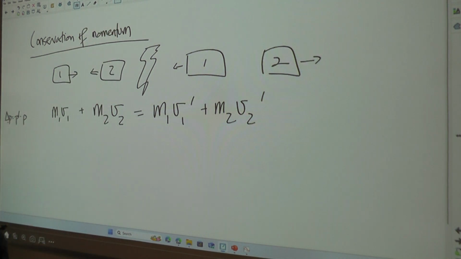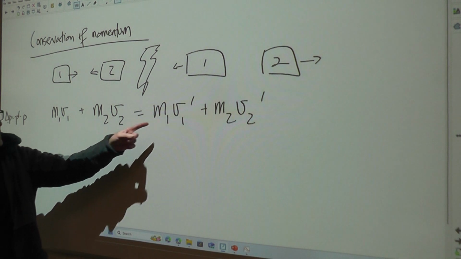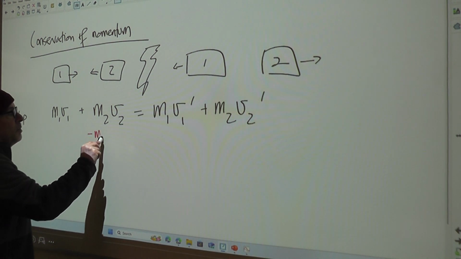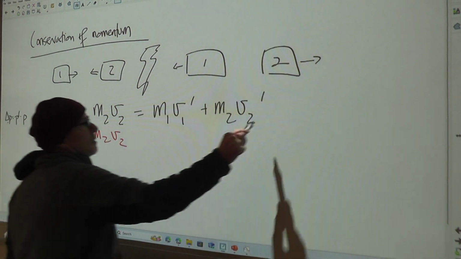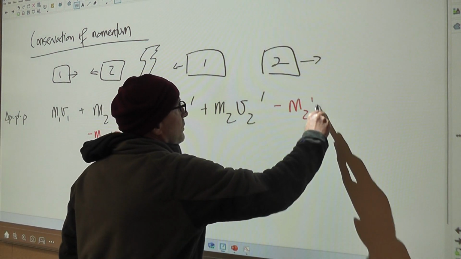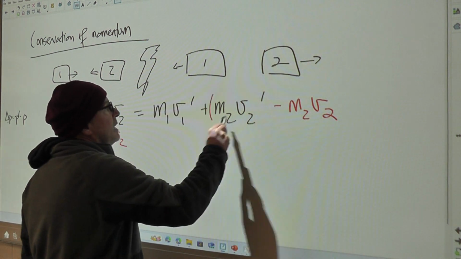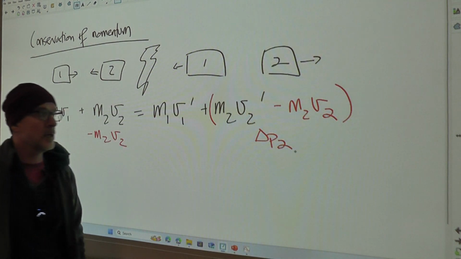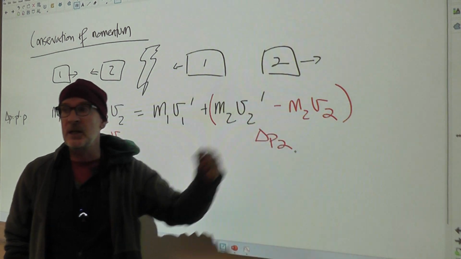And I can find the change for either one of these carts. So let's say I subtract M2V2 from both sides. I now have the change in momentum for my second cart, final minus initial.